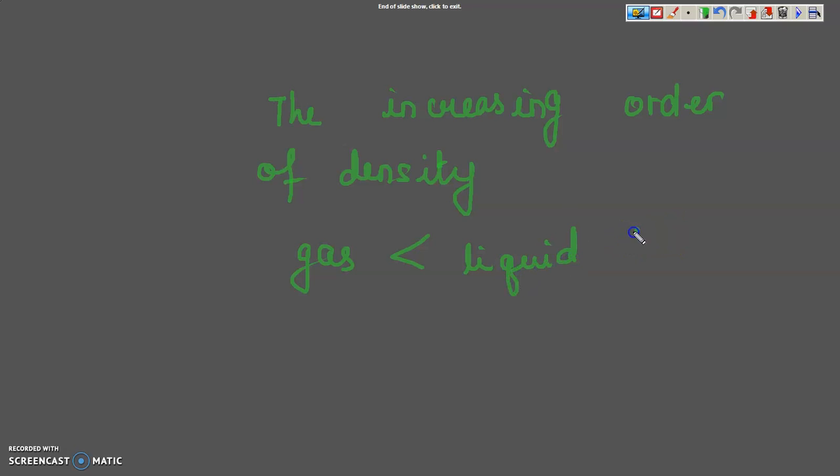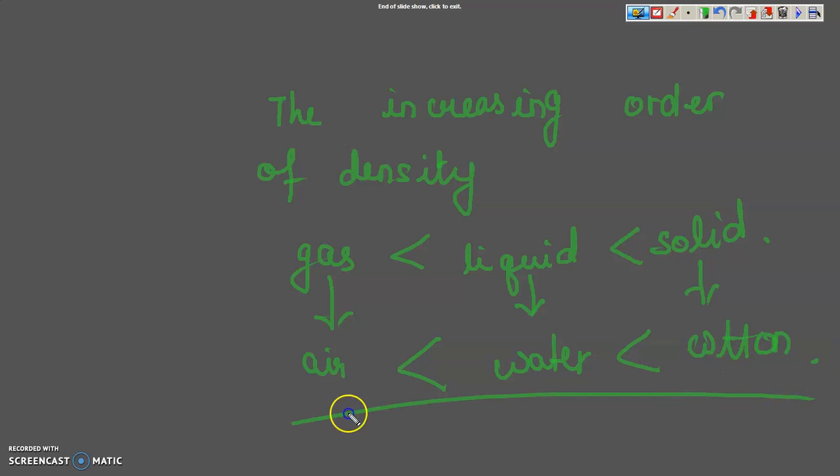Gas has less density than liquid and solid. So, like if we are given three things: air, water, and cotton, how will we arrange them? Here gas, it's air, then water, and then cotton. So this is the increasing order of density.